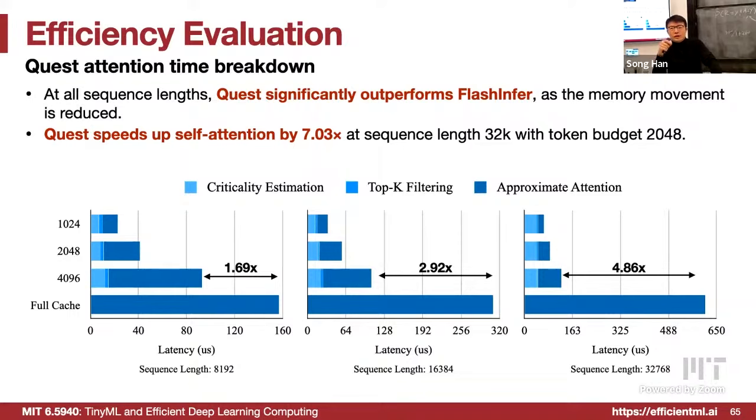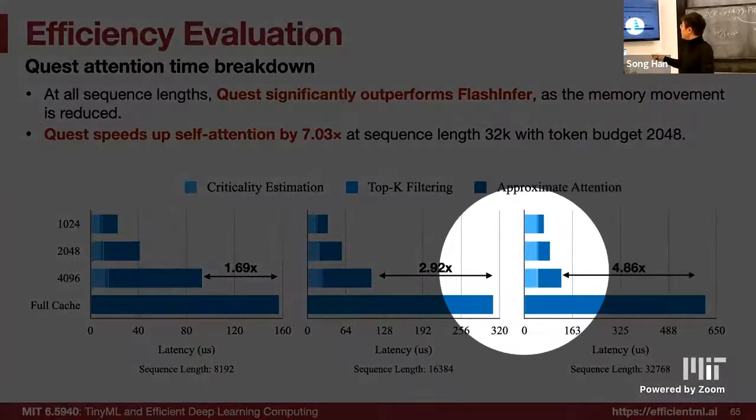So Q1, Q2, Q3 can share the criticality with Q1. In that way, you can amortize the criticality estimation. Or you can reuse the criticality estimation in layer 1 for layers 2 and 3, and maybe do it again in layer 4, etc., to reduce the proportion of this light blue part.